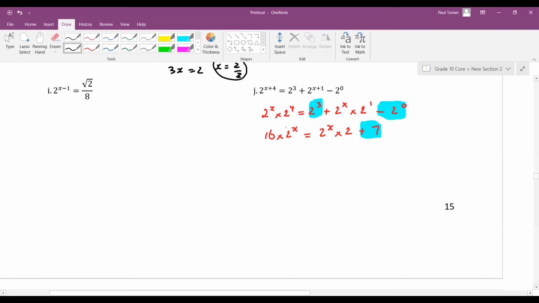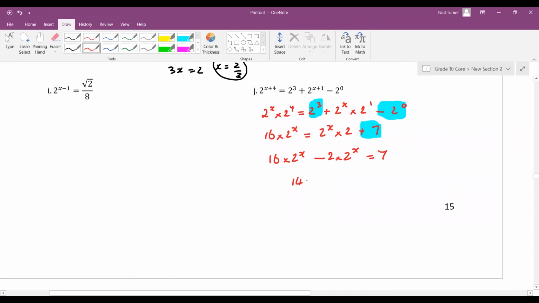Okay, and then I brought this to the other side. So you have 16 times 2x minus 2 times 2x equals 7. So 16 times 2x minus 2x is 14 2x. So just treat your 2 power x like y or something like that.